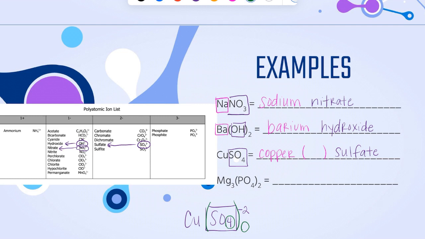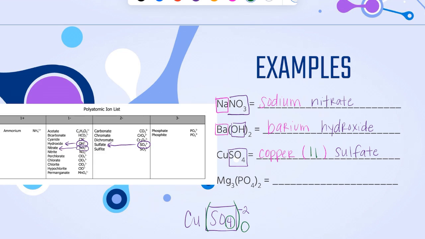And if you're a little confused by that, once we write the formulas, that might make a little bit more sense. So we have one sulfate, and now we want to multiply times the charge, which is -2, and that's going to add up to 0. So we have x minus 2 equals 0. So x equals 2. So our charge on our copper is 2, so we'd put Roman numeral 2 there.